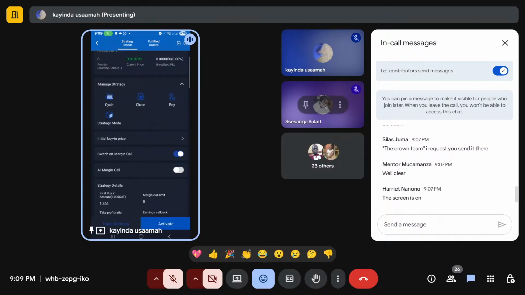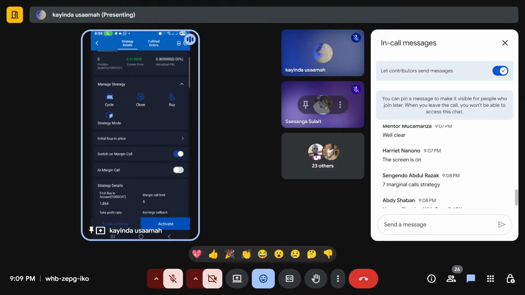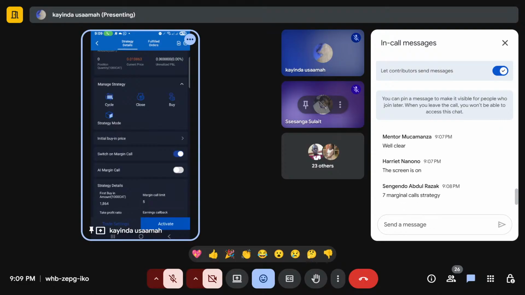Impossible. Fill out the crown team, I request you send it there. I don't know the crown team. You're going to talk to your leader. I think he's in any of those groups. He will send you that video. Or you send me a message on 0708 310 334. Send me a WhatsApp message. I will give you that video.